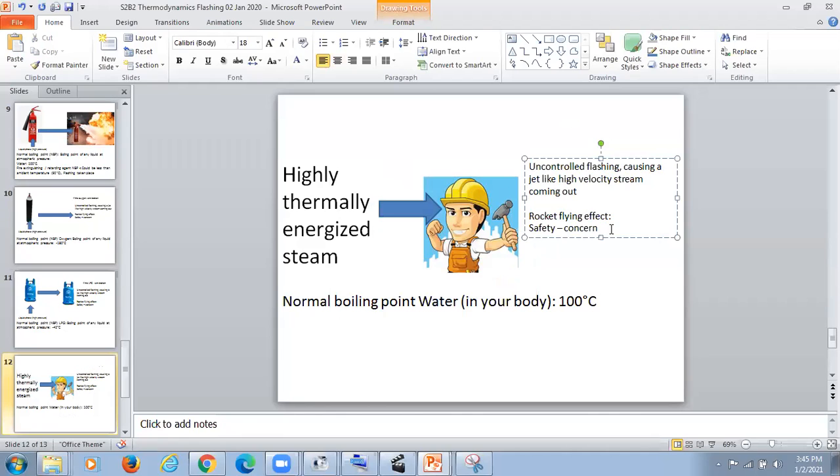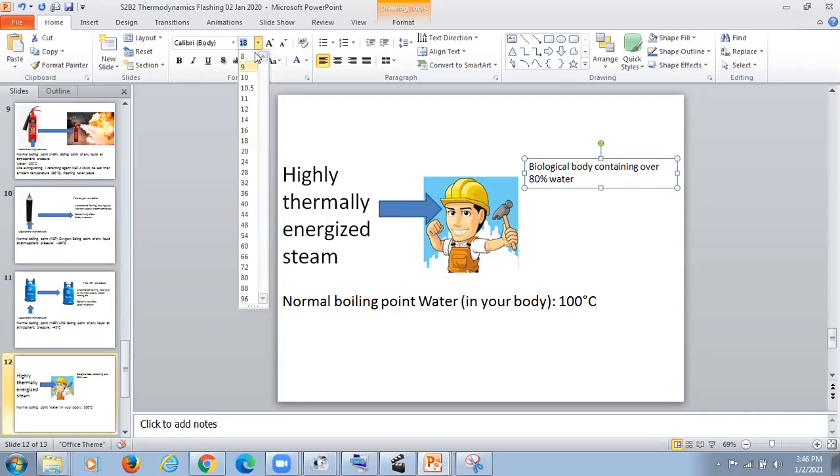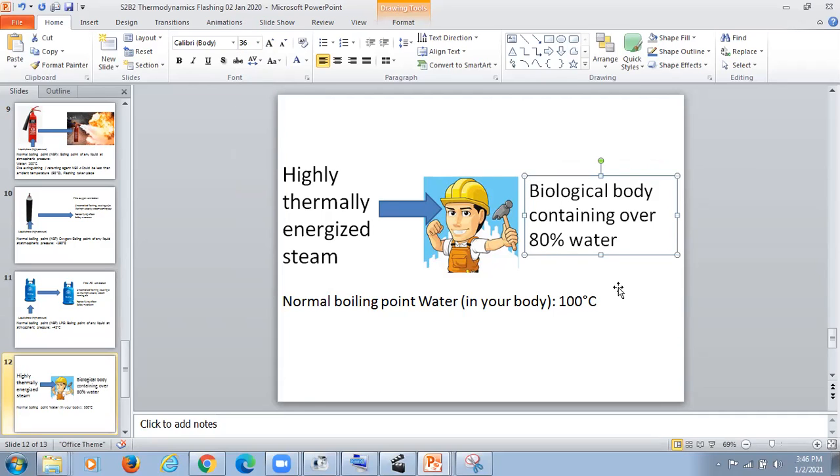So your biological body containing over 80% water. Okay, so water. We are claiming it as our body, but 80% water.